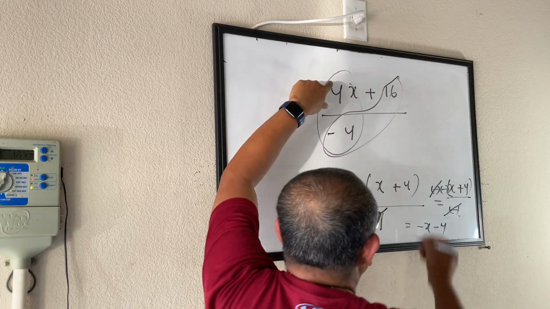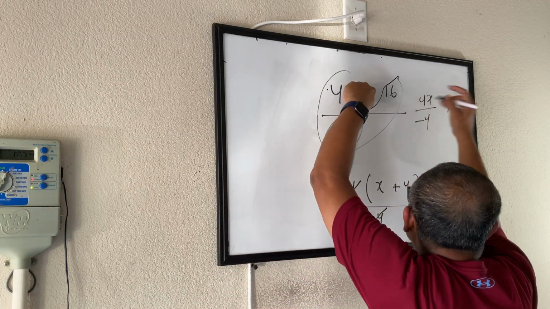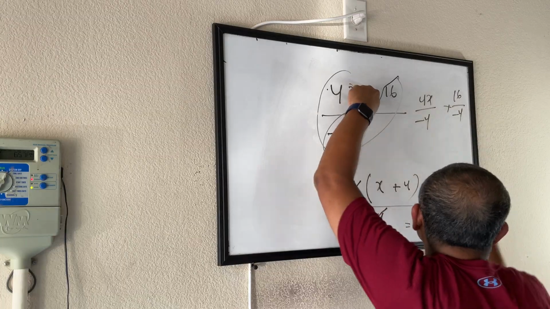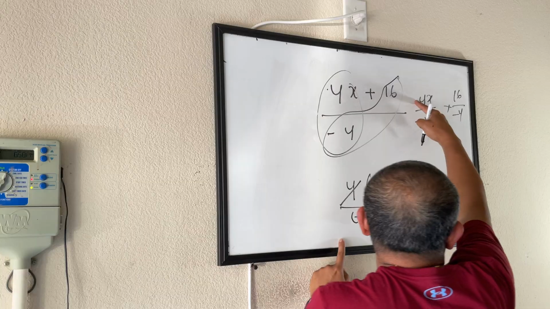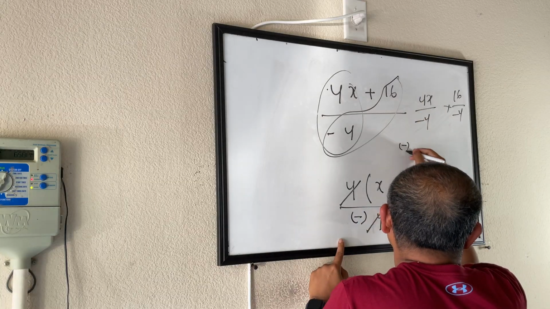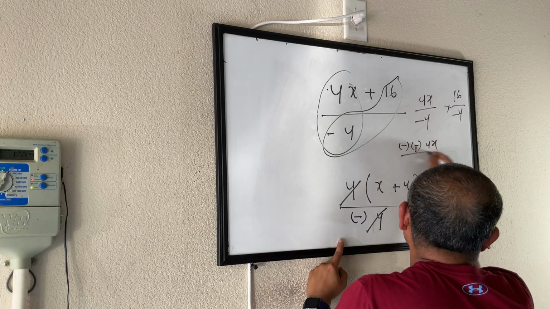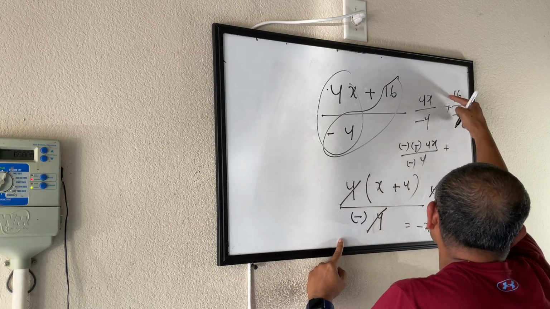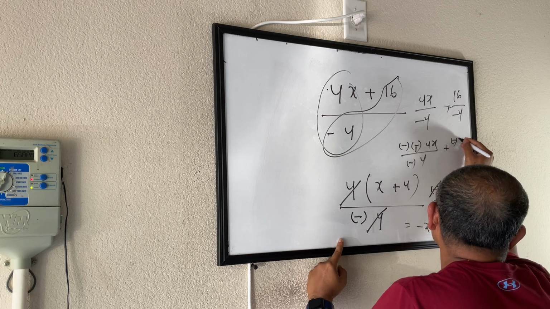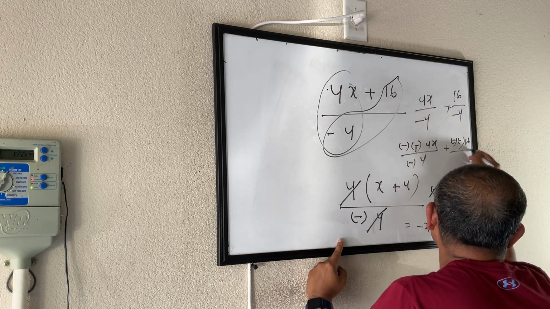Or the second way is you will say, okay, 4x by minus 4 plus 16 by minus 4. And you fill it out. Same thing you'll do: you have nothing here, that means you can say minus into minus. 4x by 4, this is a minus. And this becomes, again you have nothing here, so you'll say minus into minus. 16 over 4.